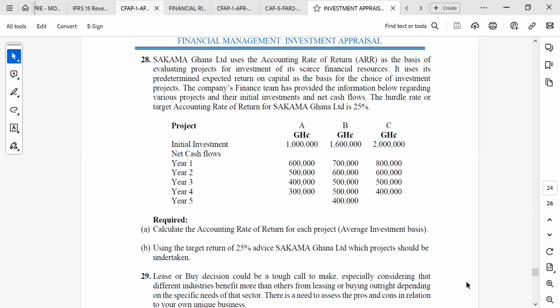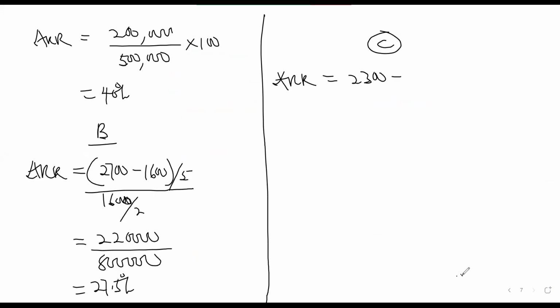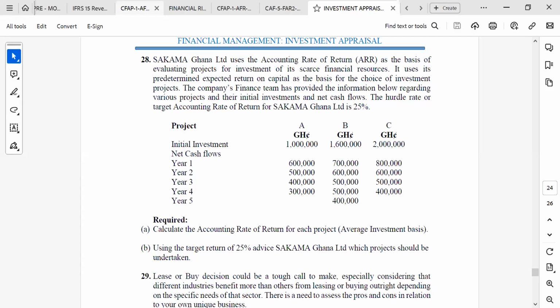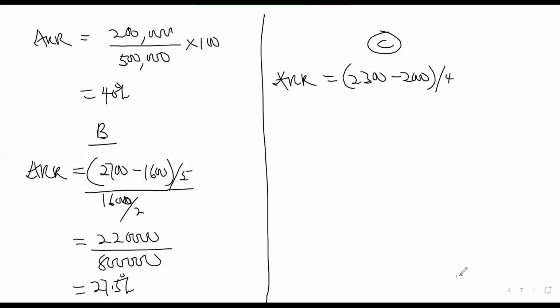So 2.3 million minus the total depreciation for the 5 years, which will be the same as the initial value. That will give you 2,000. So 2,000, all divided by 4, because for this project the lifespan is only 4 years.